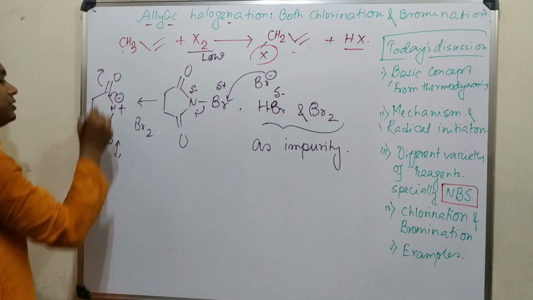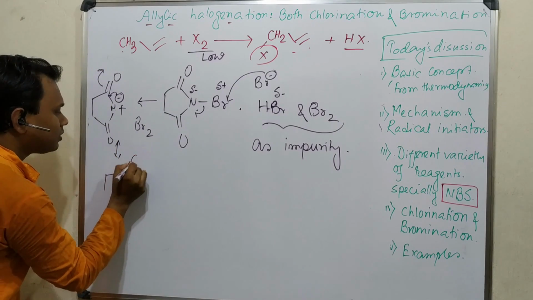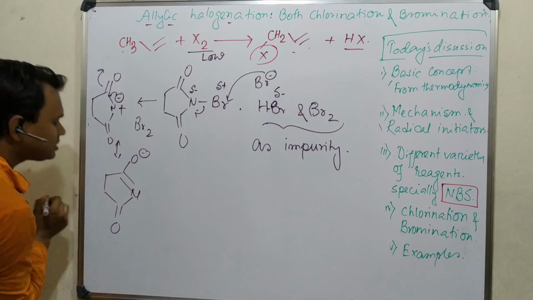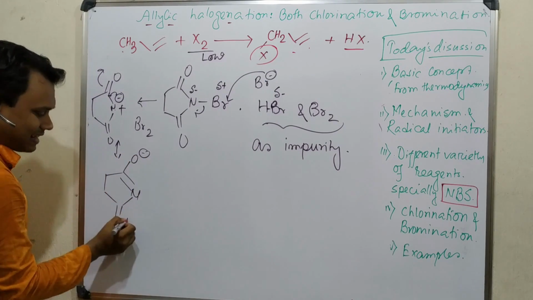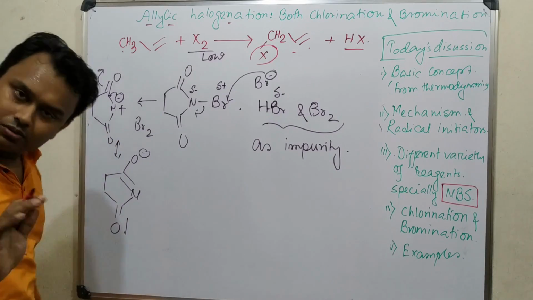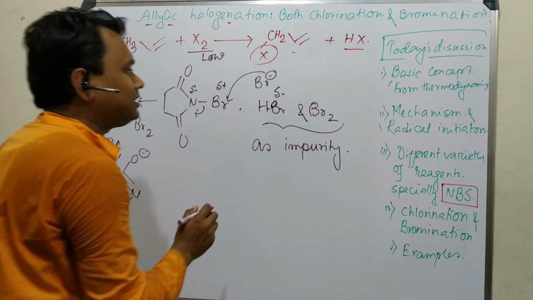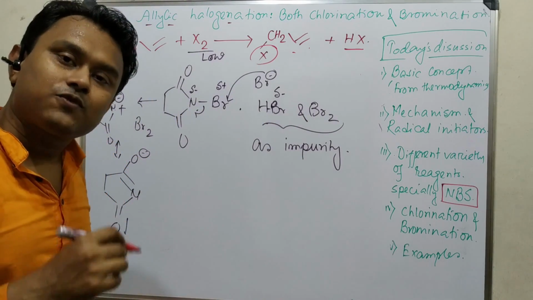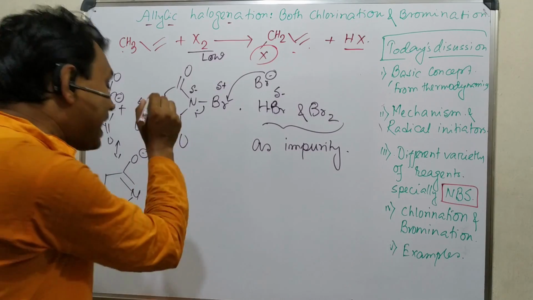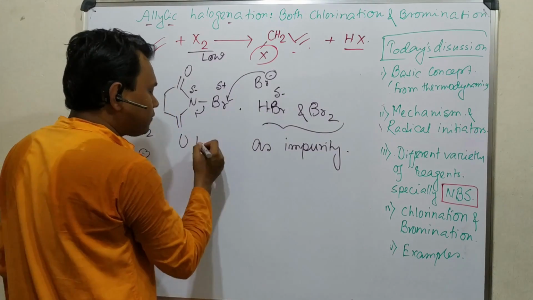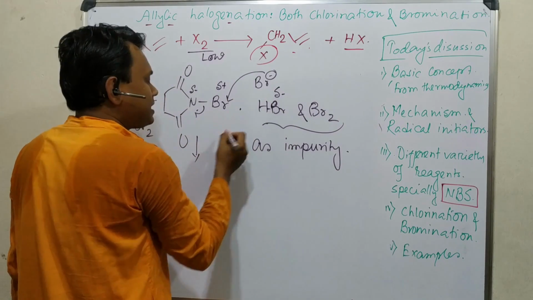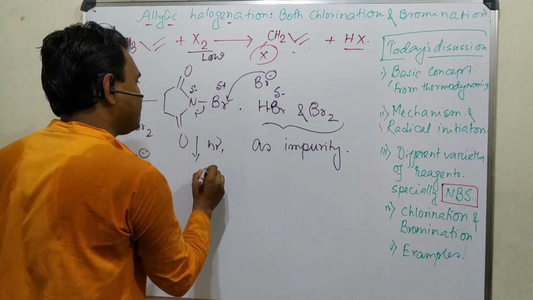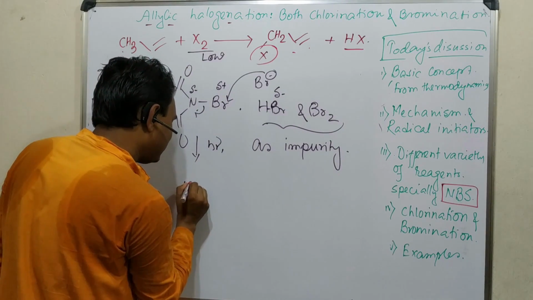This charge will come here and go there, meaning O minus double bond N. So it has another canonical form by using this carbonyl. That's the difference. So this is stabilized, and in this way the reaction starts. As an impurity, it starts the reaction and supplies a very low concentration of bromine. And another thing, in the presence of, for example, this HBr, in the presence of light or peroxide, it produces a bromo radical, and another thing, an N radical.